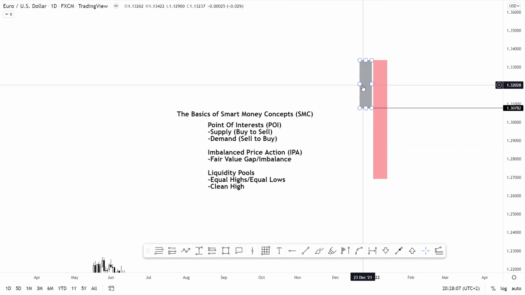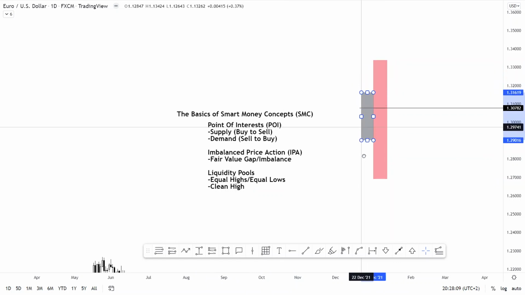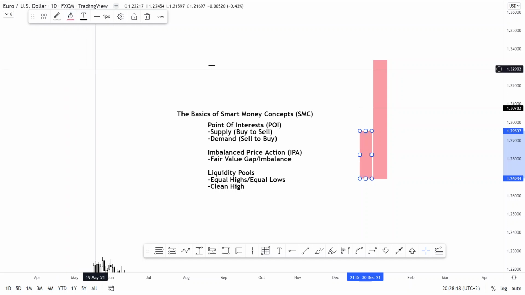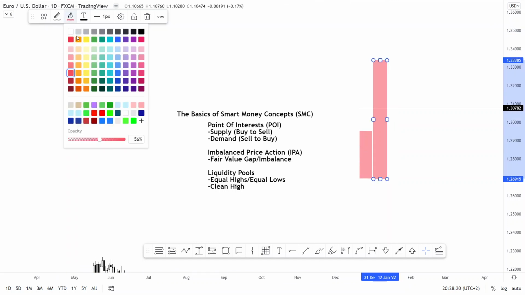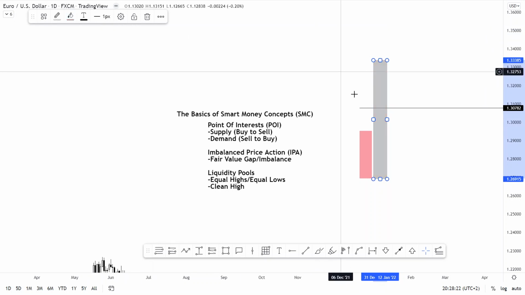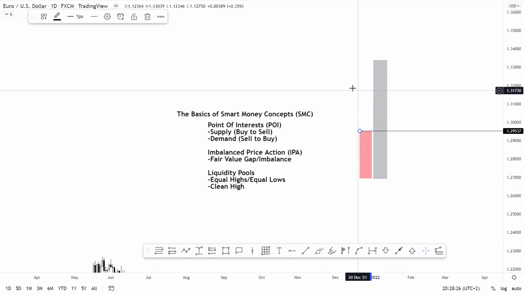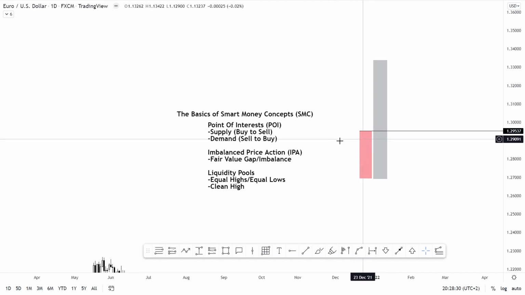But then in a demand zone, that's where you have a sell to buy, where you had the last down candle and then an aggressive up move following that down candle. So the open of that down candle is the area whereby you'll be interested.